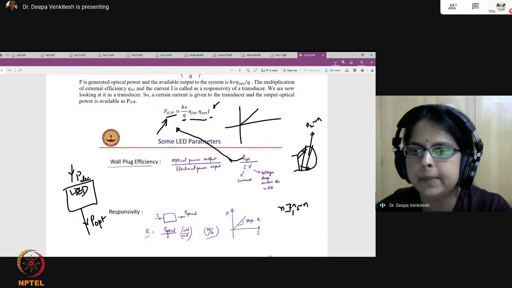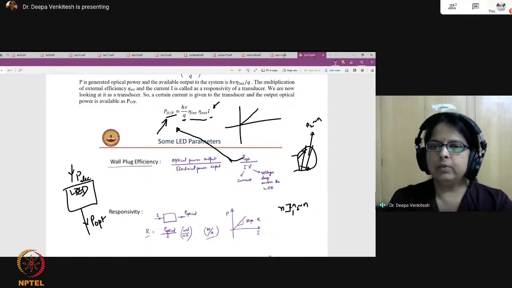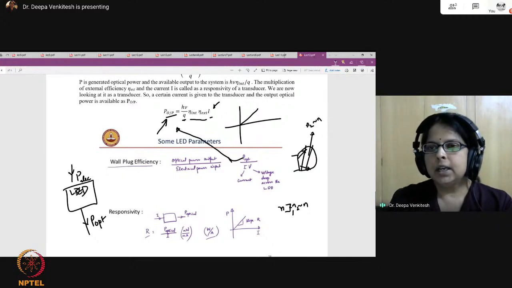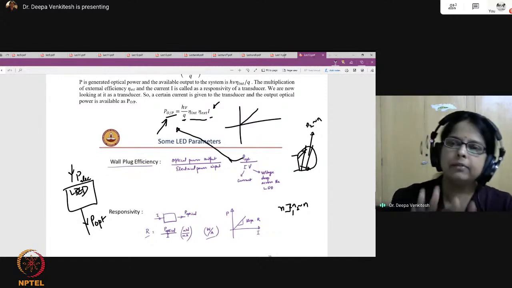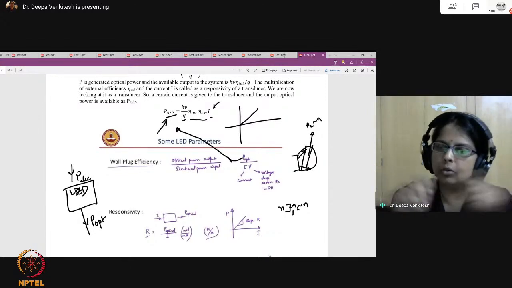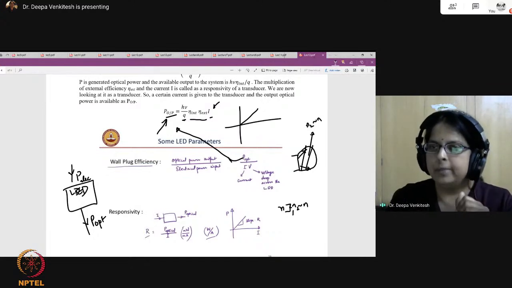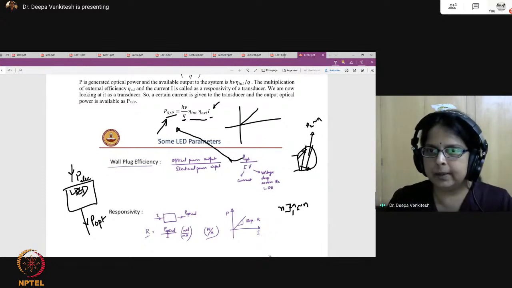What happens when different colors pass through the fiber? So Vignesh, we will talk about this in more detail when we talk about dispersion in fibers. For now, just understand that it's a bad idea to have too many colors or wavelengths passing through the fiber carrying the same information, because it's like dispersion.